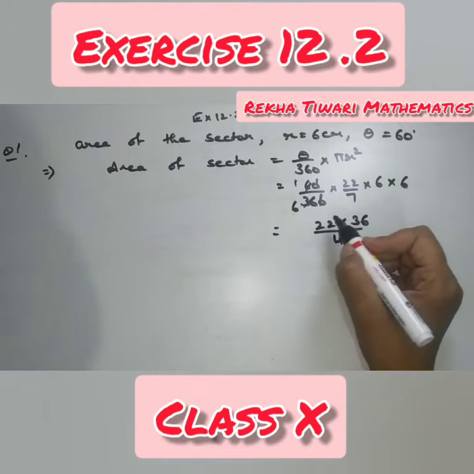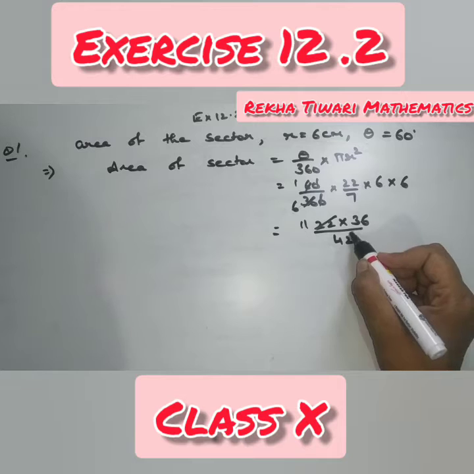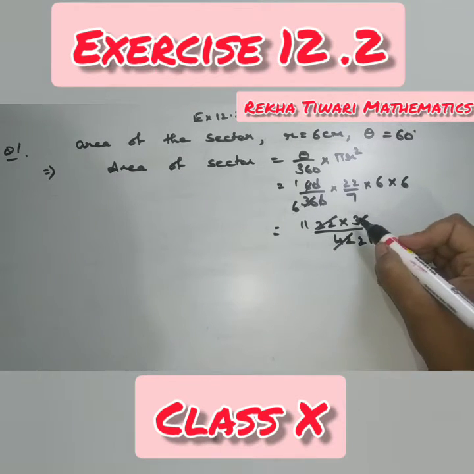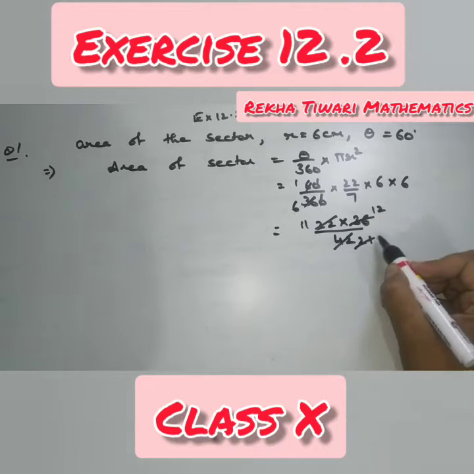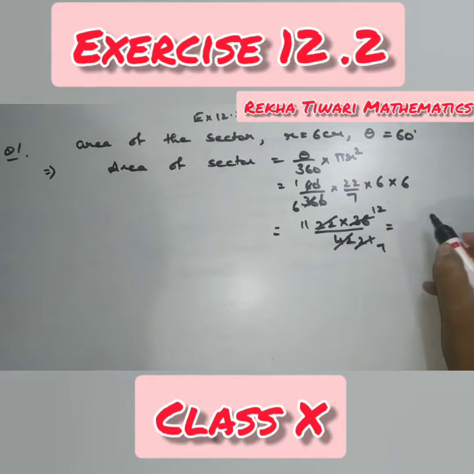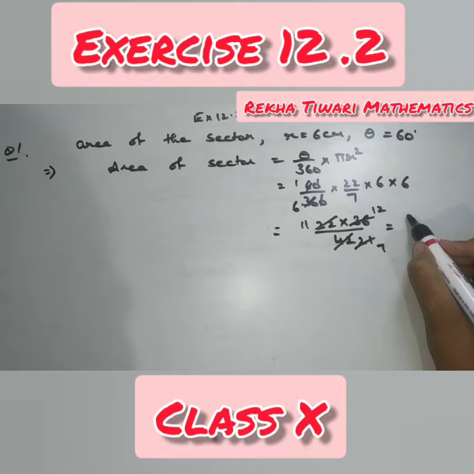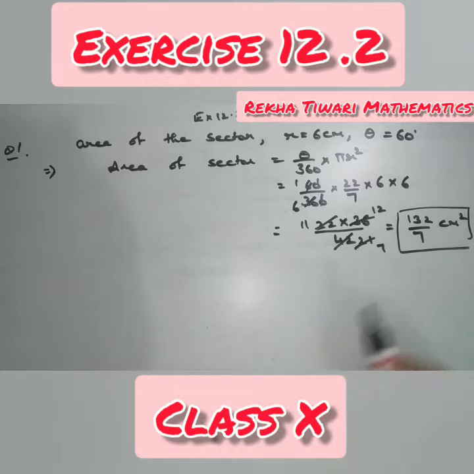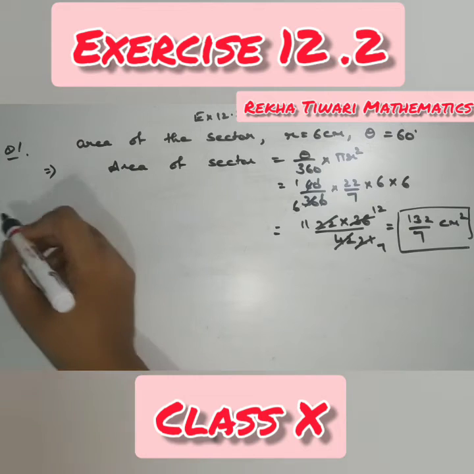Okay, again you can cancel these two. 2 11s are 22, 2 21s are 42, 3 12s are 36, so 3 2s are 6, 132 by 7. So this is 132 by 7 centimeter square, because you are finding the area, so answer comes in centimeter square.